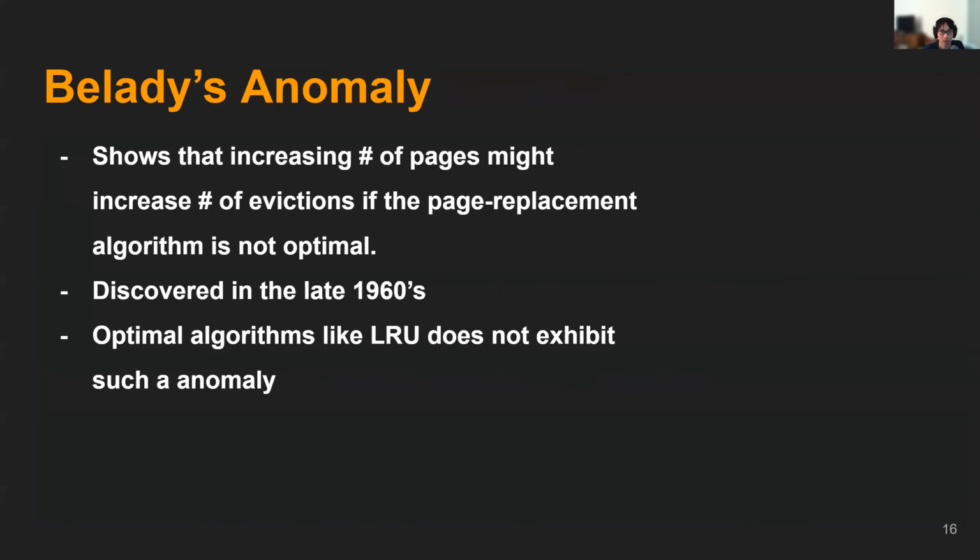The book talks about another interesting idea. It's called Belady's anomaly. If you think about it, there is a misconception that if we add more memory, there definitely will be fewer page eviction faults. Page eviction faults meaning that you are evicting the pages that actually could be accessed more often.